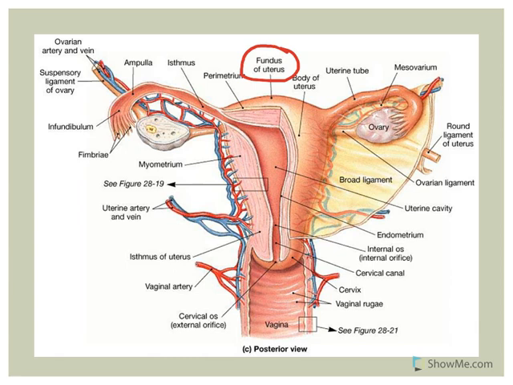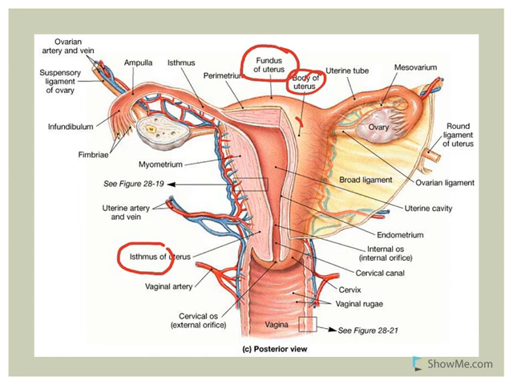This thick part here is the body. And the last part is referred to as the isthmus. In the isthmus, the muscle that we'll talk about is a little bit more narrowed and a little bit thinner in the isthmus of the uterus.